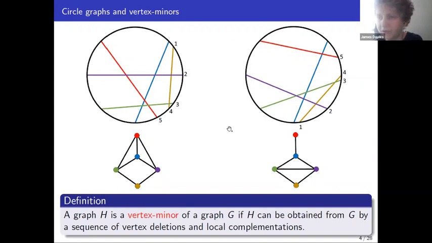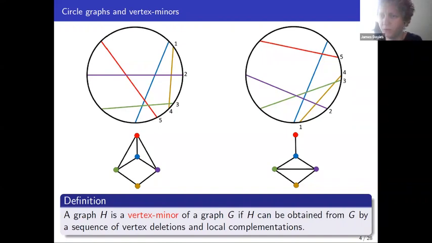The way you modify your chord diagram to do local complementation is, if we're complementing on this blue vertex, we can look at an arc between the endpoints of our blue chord, and at the endpoints of other chords that lie on the arc. Here in order, we have a gold endpoint, purple, green, gold, red.